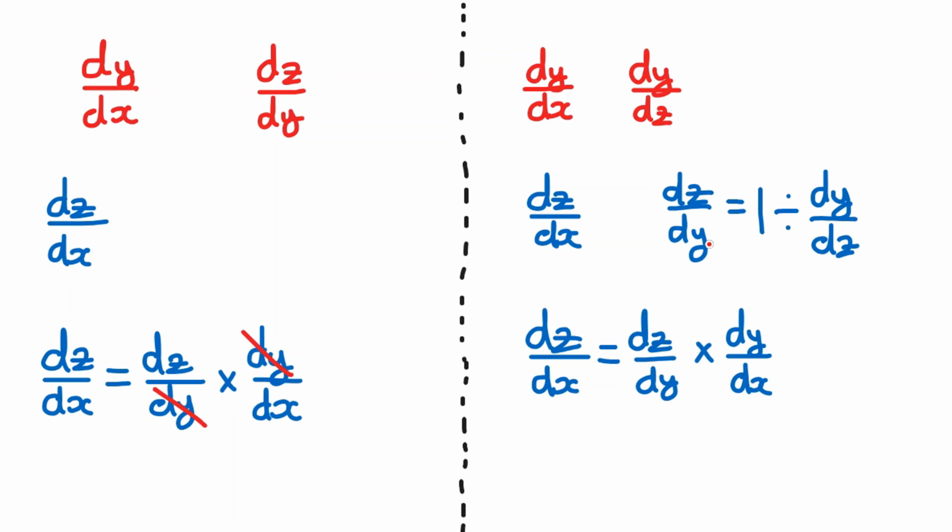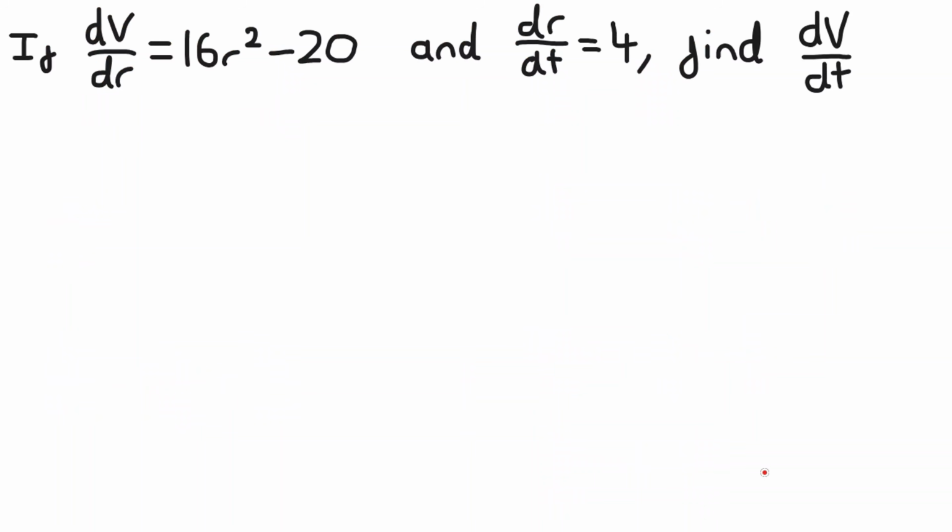We've also talked about this formula here in the chain rule video with respect to dy over dx and dx over dy. So here's just an example question to plug some numbers in to see how it works. So if dv over dr is equal to this here and dr over dt is equal to 4, find dv over dt.